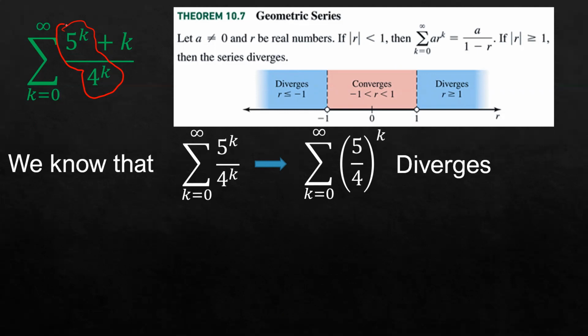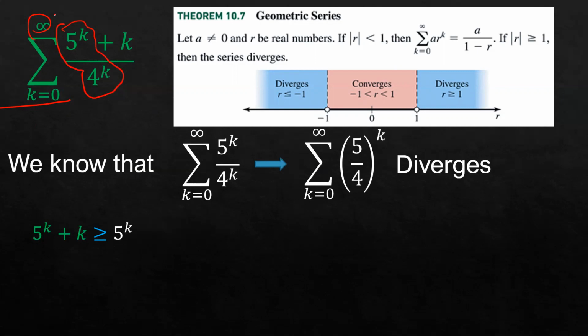In order to make the comparison test work, the series that we're looking at, the green one, must be bigger than the divergent one. So our job is now to justify that the green series is bigger. How do we do that? Well, we know 5 to the k power plus k, when k is a positive number, because it goes from 0 to infinity, so k is a positive number. When you add a positive number, of course it's going to be greater than or equal to 5 to the k.